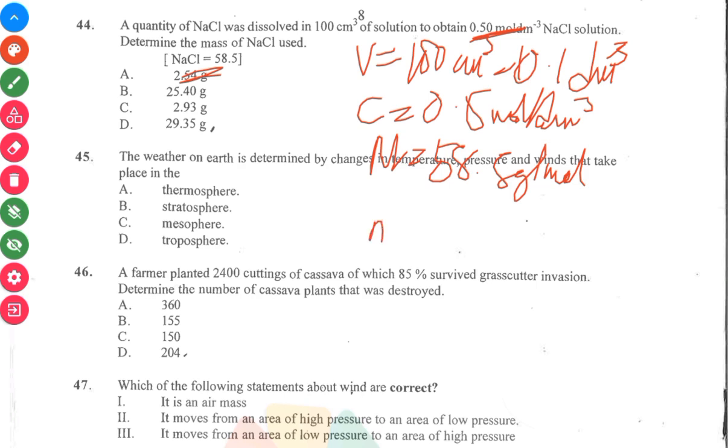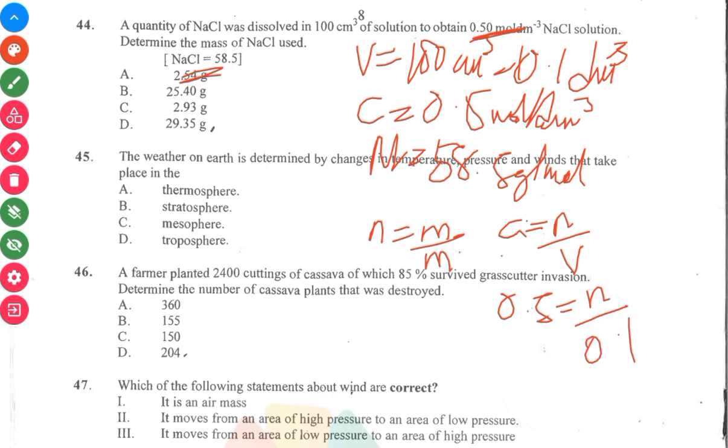Now to get the mass, this is the formula we are supposed to use: mass over molar mass. But we've been given the molar concentration to be 0.5, which is amount of substance over volume. So your molar concentration 0.5 equals n over volume, which is 0.1. So we are finding the amount of substance.